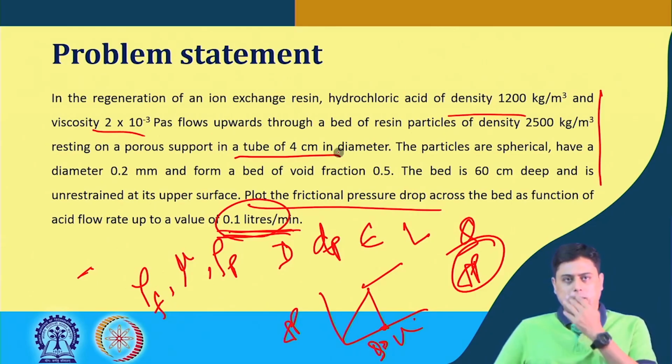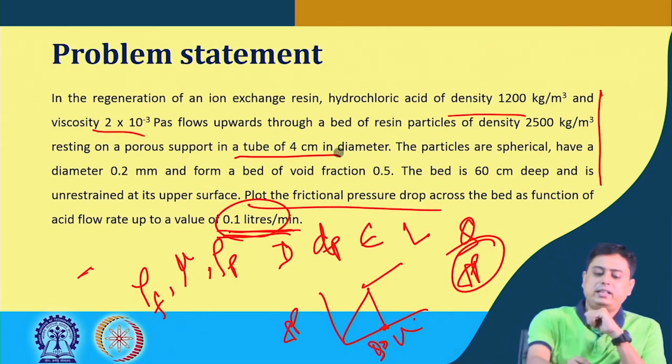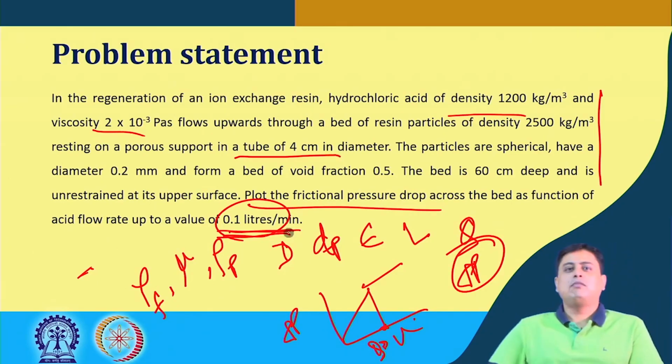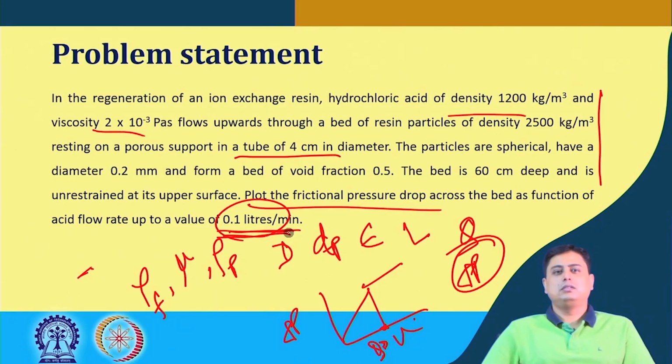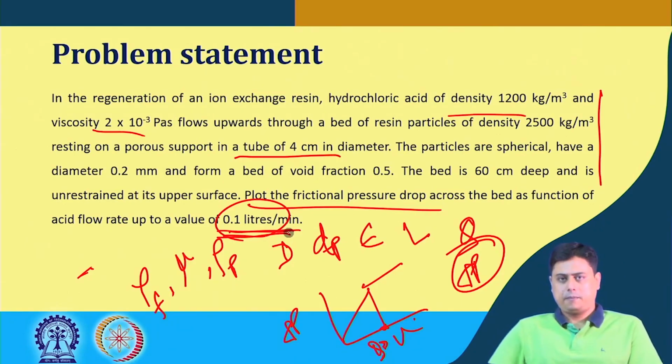Okay. So, if you divide this flow rate after converting liter per minute to meter cube per second by this pi d square by 4, you get the U value.